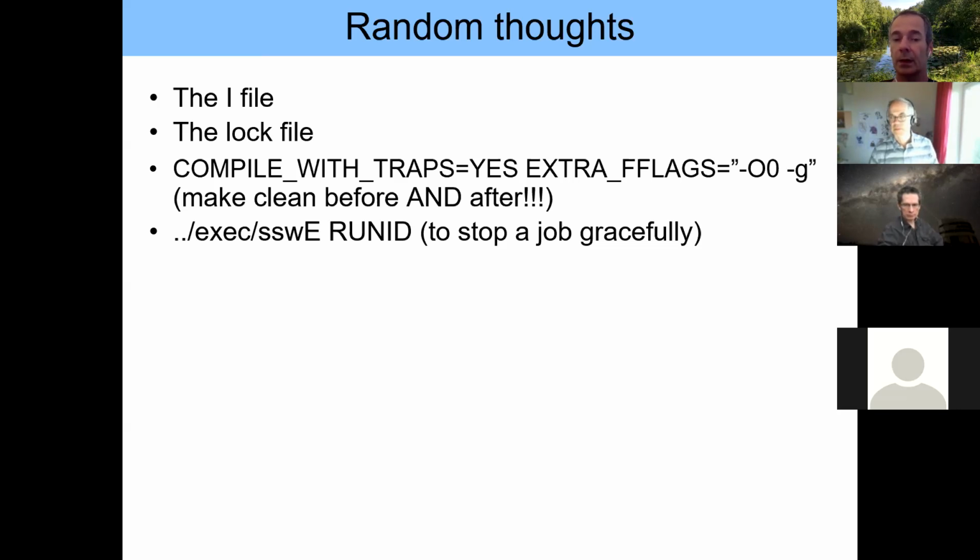And remember that the model cannot stop gracefully instantaneously. What this command does is just write into a file that the model is checking every time step. And it says to the model, next time you can, please stop. And then when the model reaches the time that it checks that file, it will say, hey, they told me to stop.